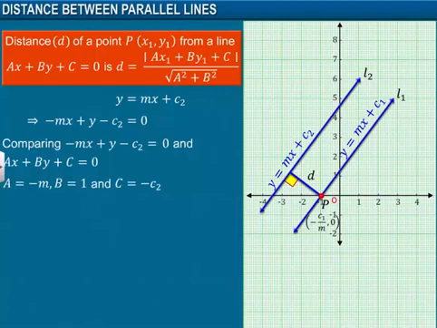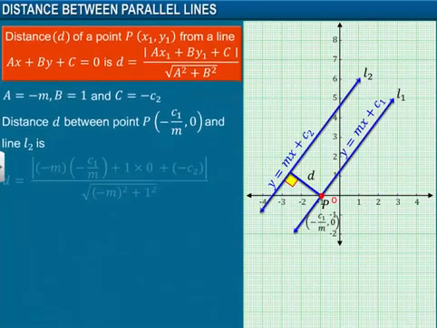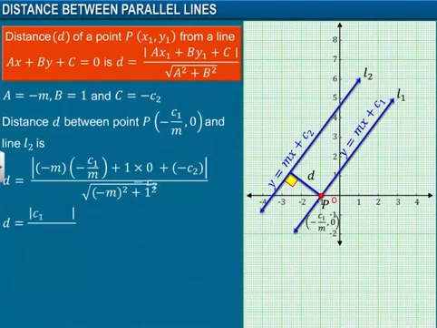Substituting the coordinates of point P and the values of a, b and c in the formula, we get equation 1 that gives the value of distance d as modulus of c1 minus c2 upon under root 1 plus m square.